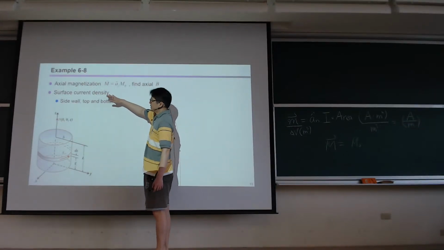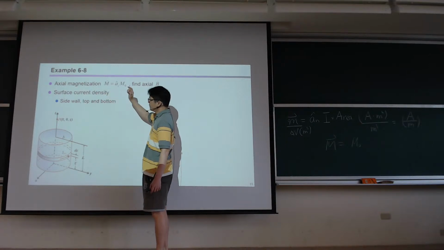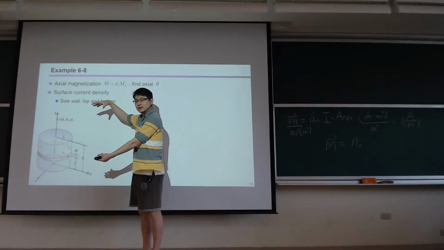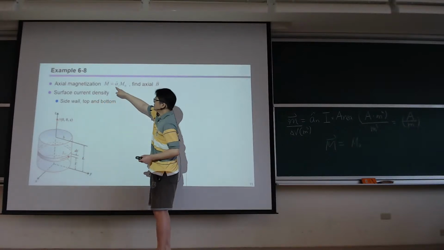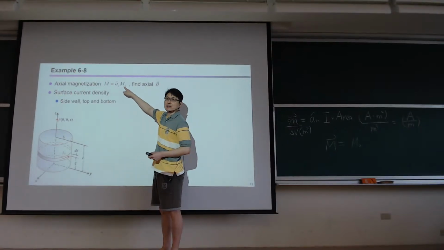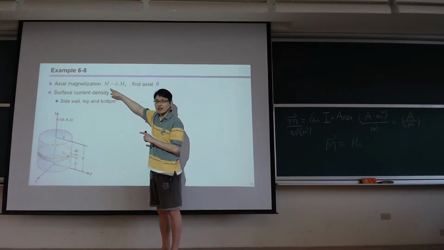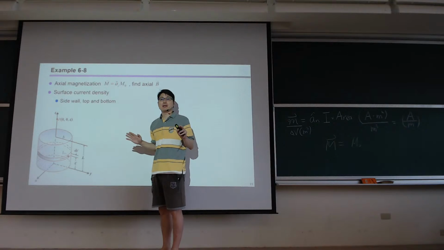So the textbook asks, if this material molded in a cylinder gives you a constant magnetization factor, you will be very happy. Why?